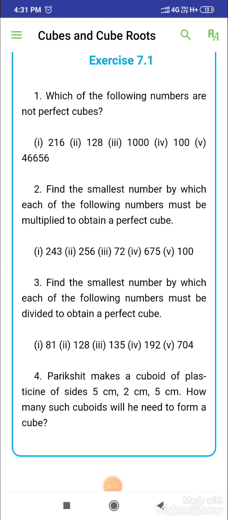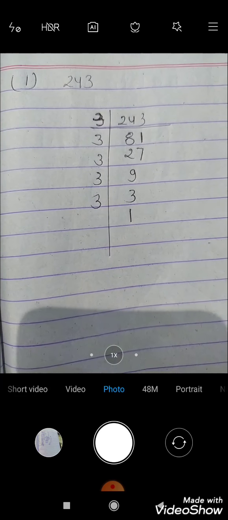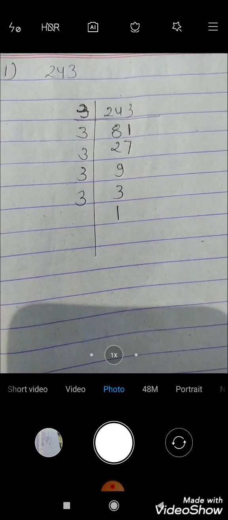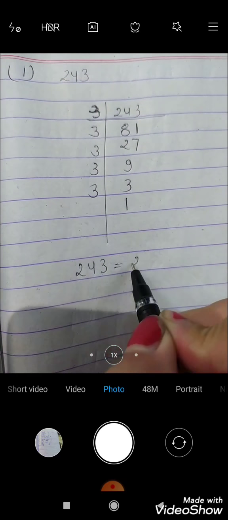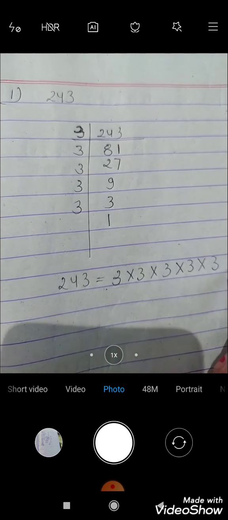The second question is, find the smallest number by which each of the following numbers must be multiplied to obtain a perfect cube. So students, the first part of the second question is 243. To find the smallest number by which we multiply 243 so that it becomes a perfect cube, we factorize this number, and the factorization of 243 is 3 multiply by 3 multiply by 3 multiply by 3 multiply by 3. It means 3 multiplied by itself 5 times.